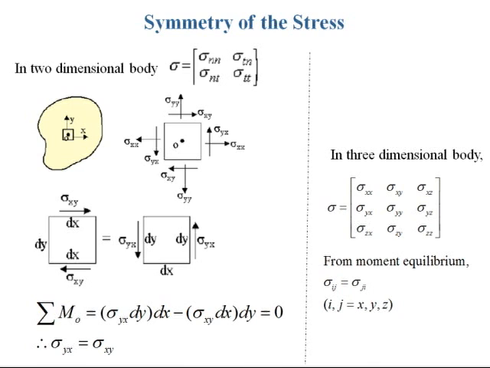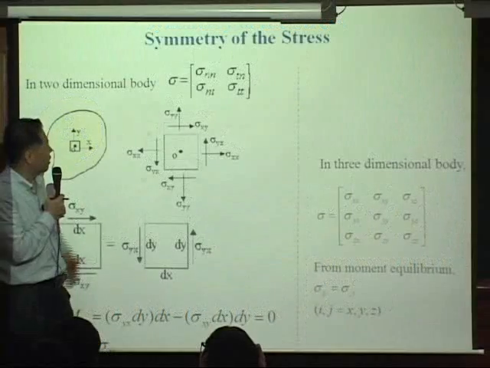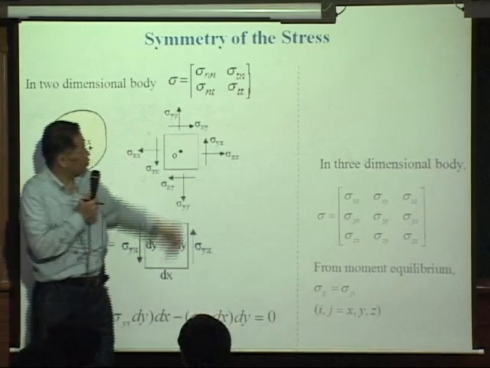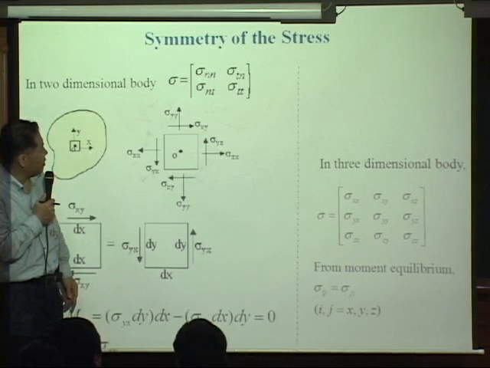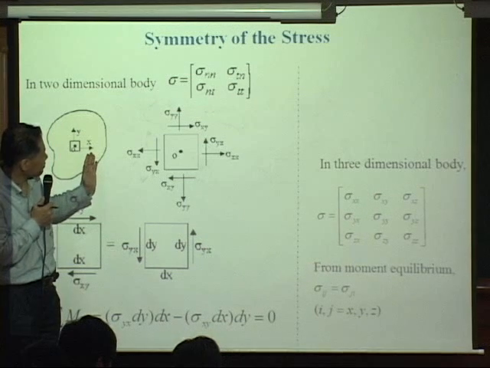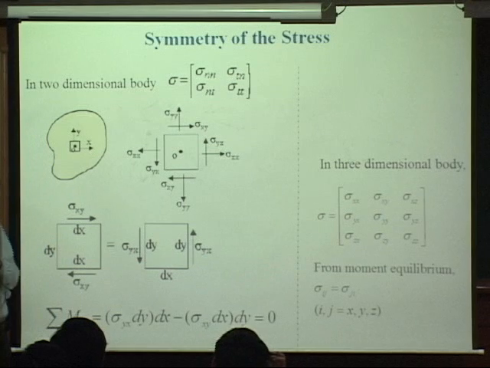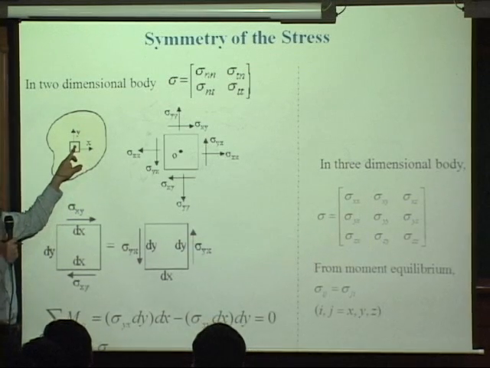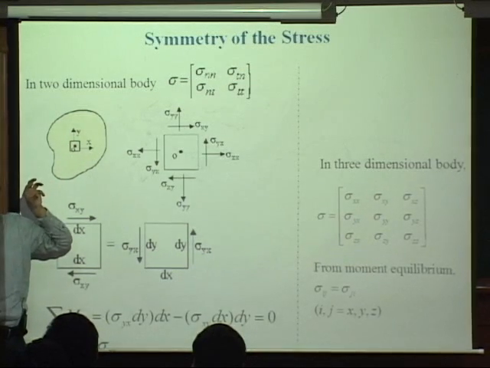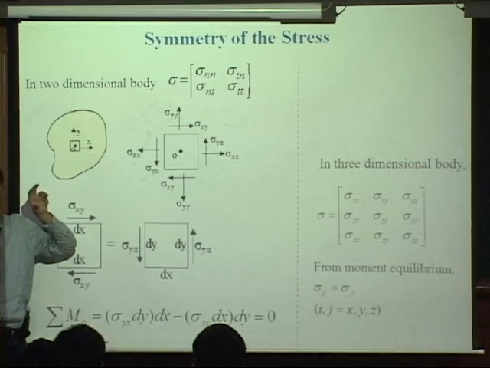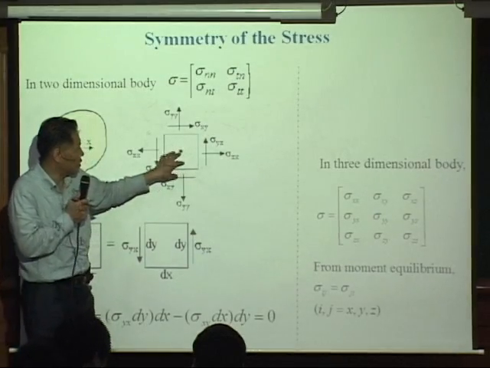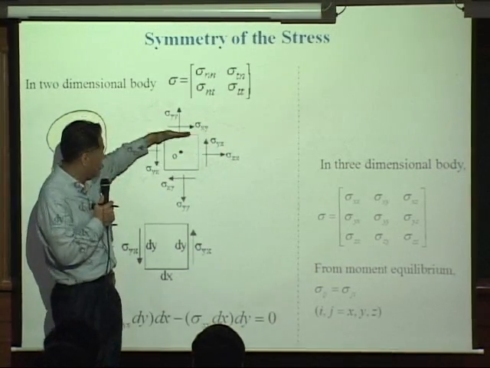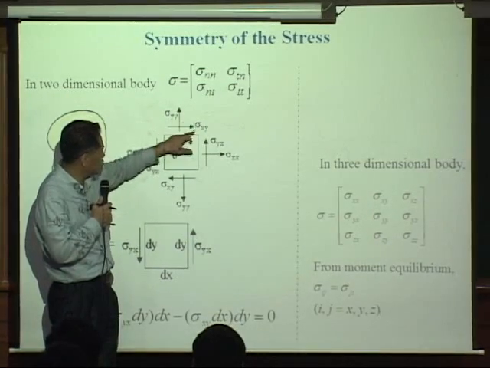matrix, which is symmetry. Symmetry of the stress means that, for instance, in the 2-dimensional case, we have this 2 by 2 component, and this body, again, as I said, the stress is defined at a point O, and if we consider a small volume, and if we cut this part as shown here, and if we have this surface, we will have sigma xx, xy, and on the upper surface, we will have these 2 components and so on.